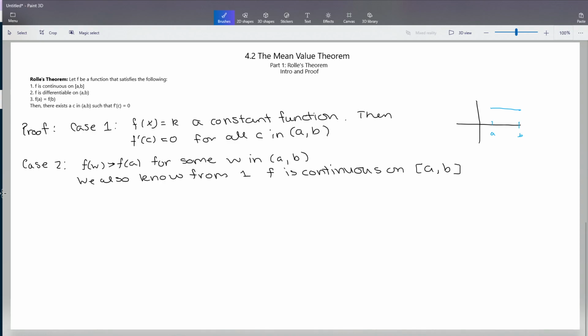So this is the only condition for the extreme value theorem, that the function is continuous. So we can apply the extreme value theorem.